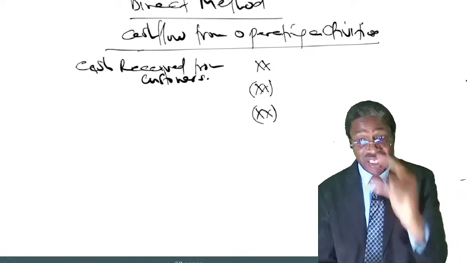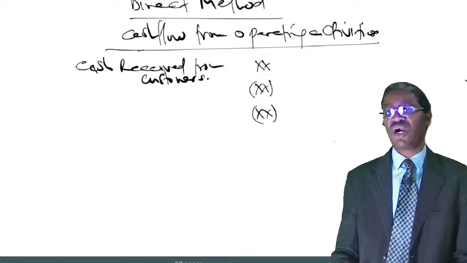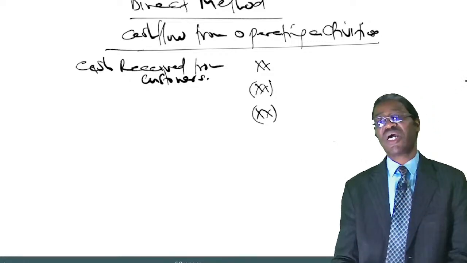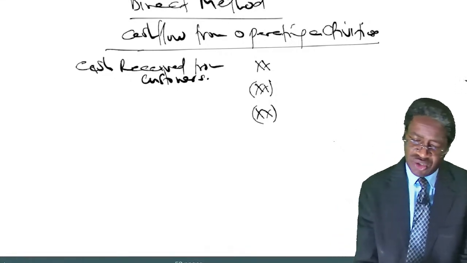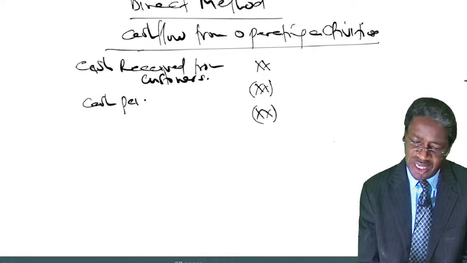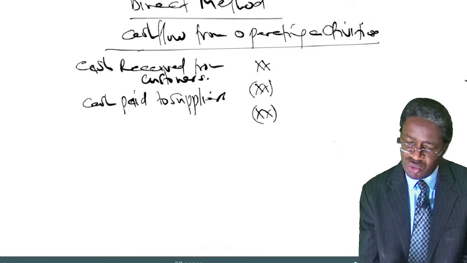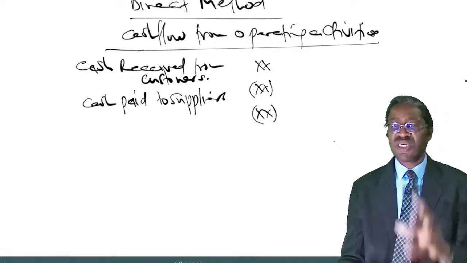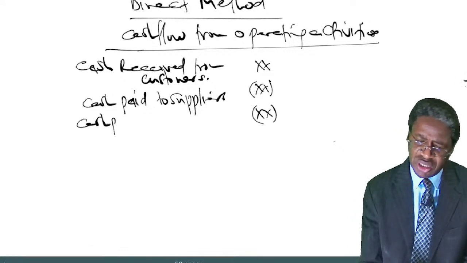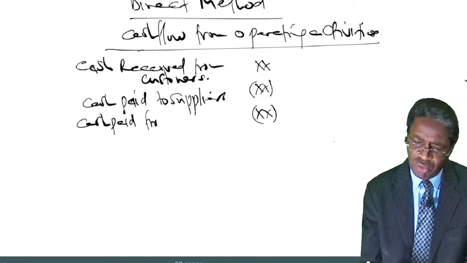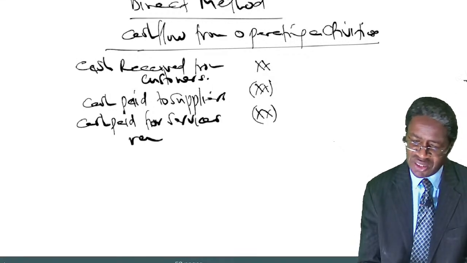The other figure you normally need is what we call cash paid to suppliers. The other figure you normally need is a figure we call cash paid for services rendered.